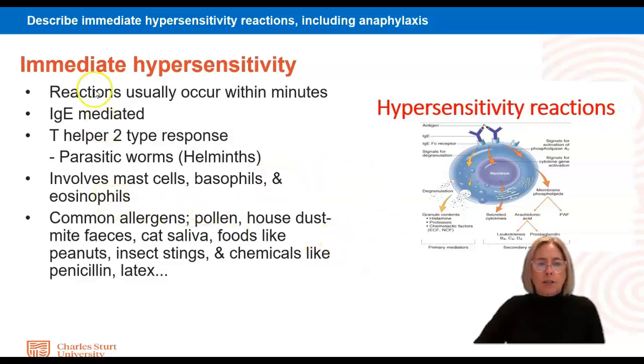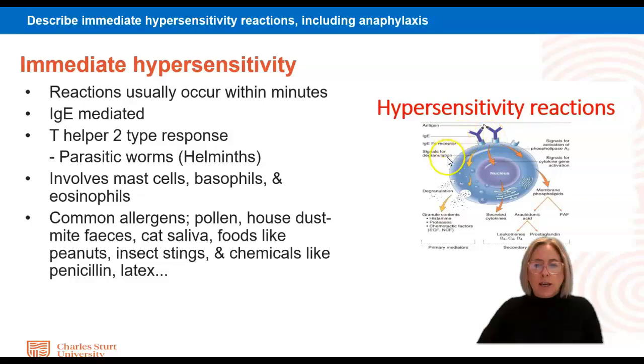So, how does this antibody form? Let's say somebody is exposed to a particular allergen, let's say pollen. That pollen doesn't normally stimulate an allergic reaction in some people, but they become sensitized. And when they become sensitized, they produce this IgE antibody.